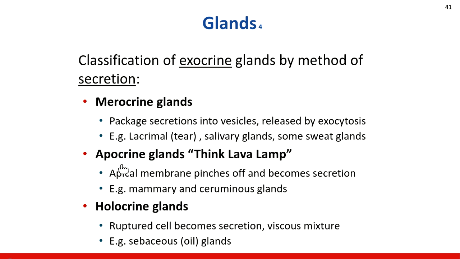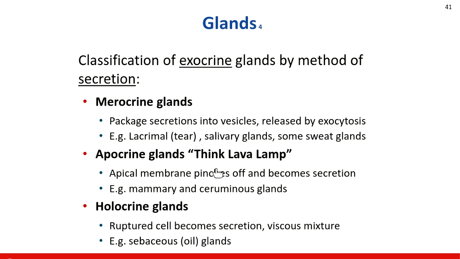The next type of gland is called an apocrine gland. I want you to think of a lava lamp. That's going to be specific to some older folks, because lava lamps aren't as popular nowadays as they were when I was growing up. But if you've ever seen a lava lamp, it has this material on the inside that pinches off and bubbles away, and it's lit because there's a lamp underneath.